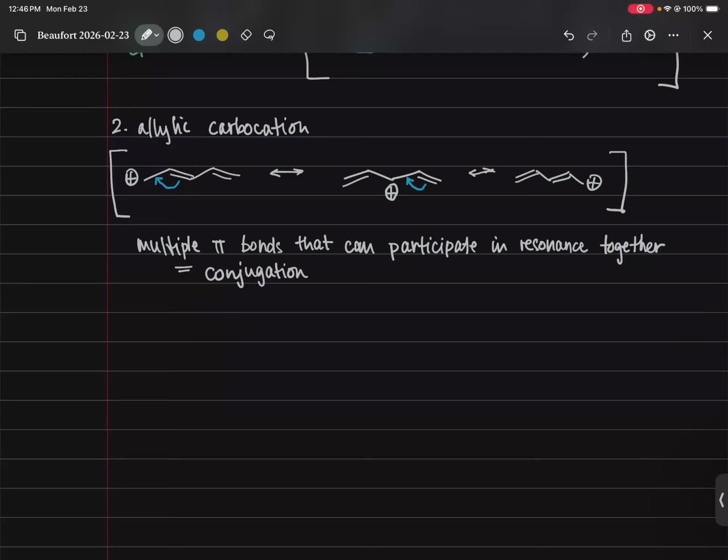We'll learn more about conjugation when we do aromatic compounds, which are a special kind of conjugated system. But if we have a system with multiple pi bonds, multiple lone pairs, we say that all of those electrons are conjugated.